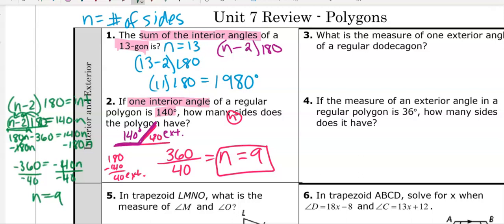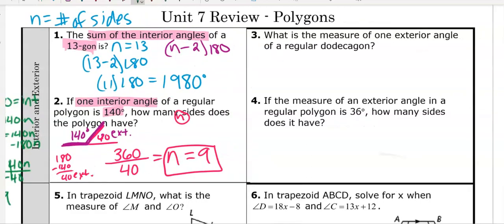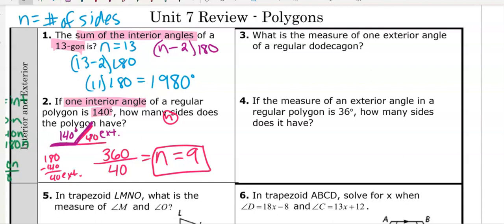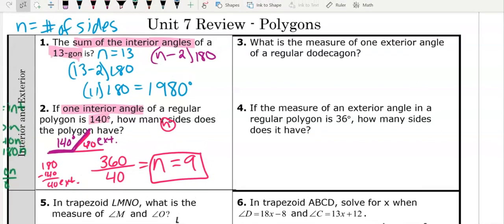Okay, for number 3, what is the measure of one exterior angle of a regular dodecagon? All right, so a dodecagon is 12.